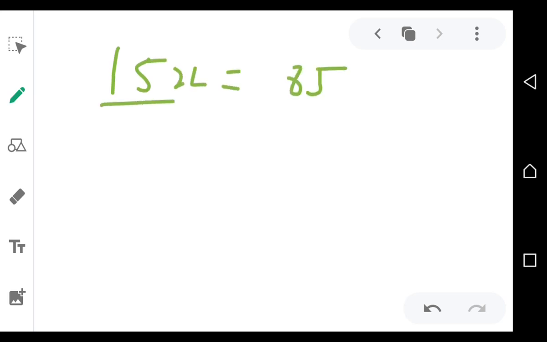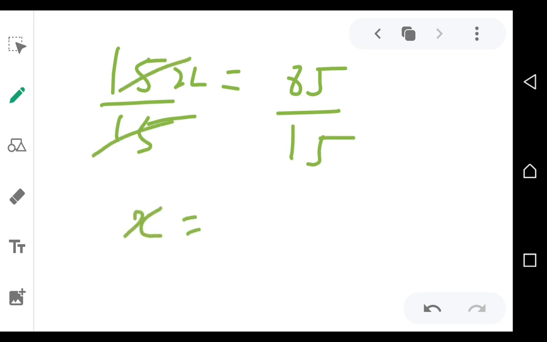When I divide by 15, you remember this type of mathematics from grade 8. What number can go into 15? Five.